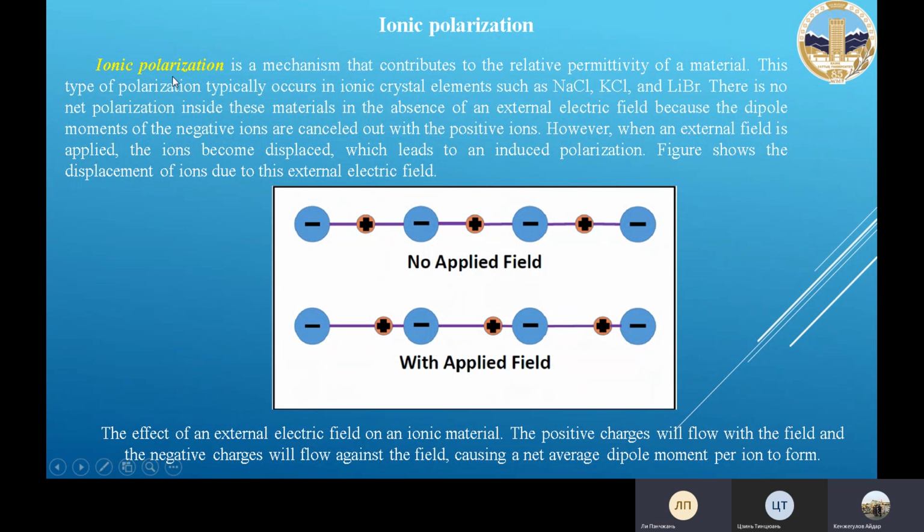Ionic polarization is a mechanism that contributes to the relative permittivity of a material. This type of polarization typically occurs in ionic crystals such as sodium chloride, potassium chloride, lithium bromide. There is no net polarization inside this material in the absence of an external electric field because the dipole moments of the negative ions are cancelled out by the positive ions.